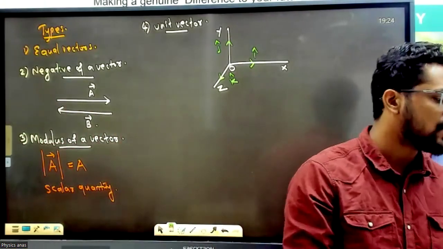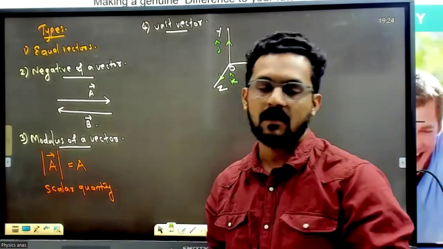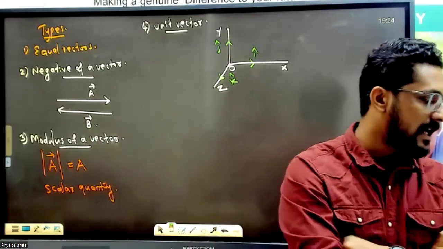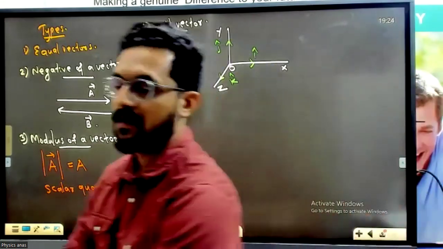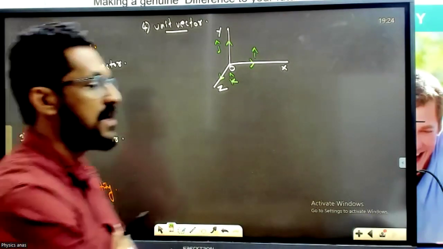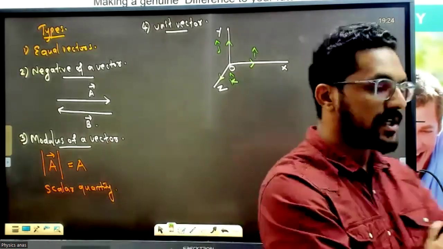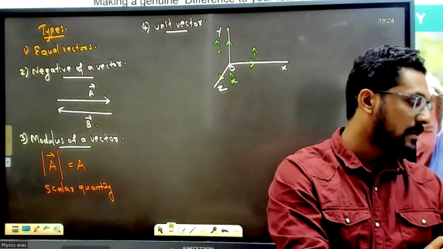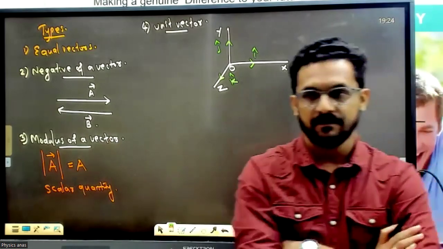Vector having a unit magnitude and a particular direction. Unit magnitude and particular direction.